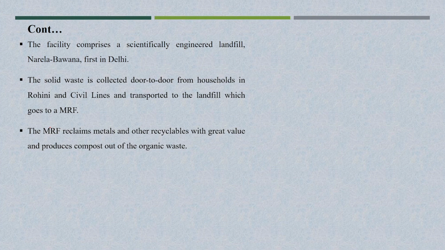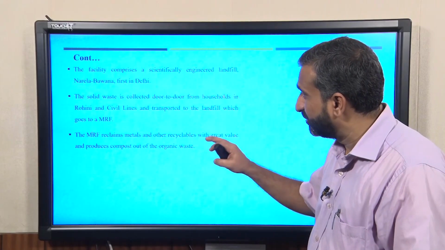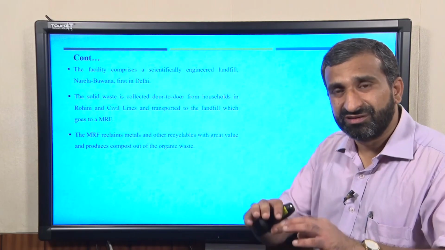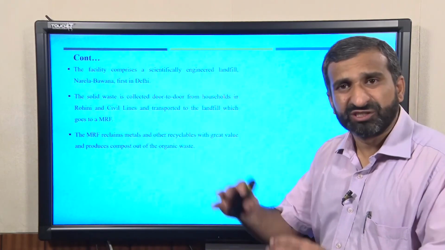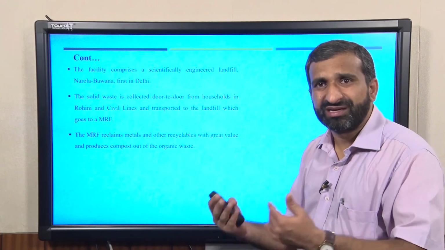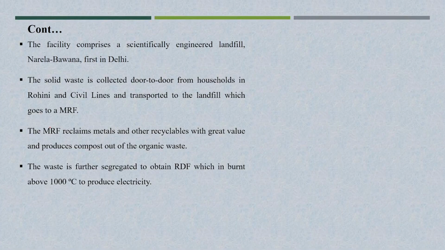So, to get the RDF, refuse derived fuel, whatever is possible to segregate for the recycling process, like metal which is not combustible, used to get separated out.